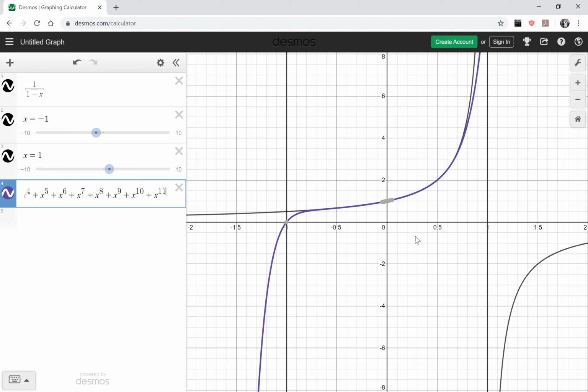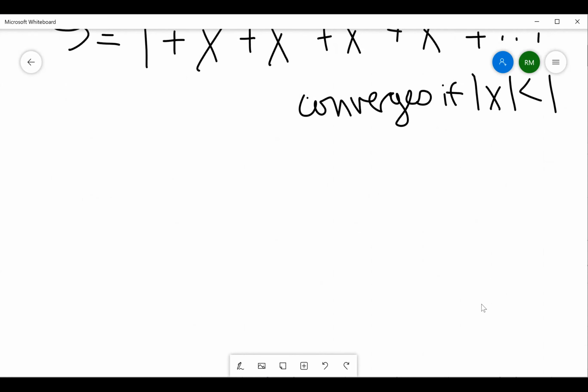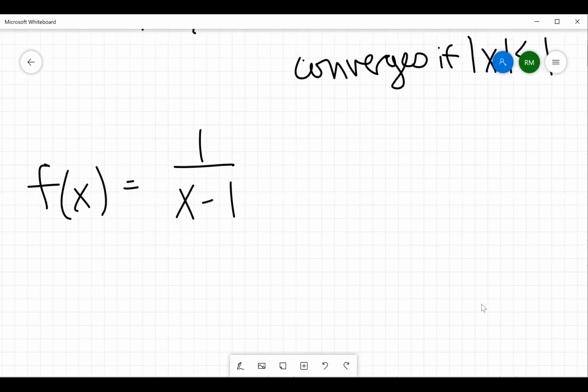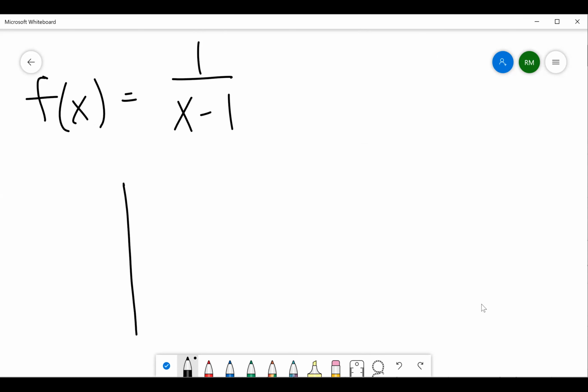So what's going on here? Well, let's go back to our whiteboard. What's happening is the following phenomenon. We have a function, f of x, and that's equal to 1 over 1 minus x. And the graph of this function looks something like this.